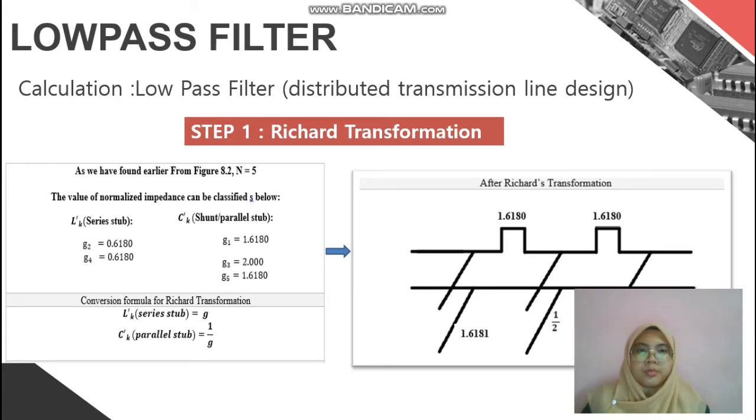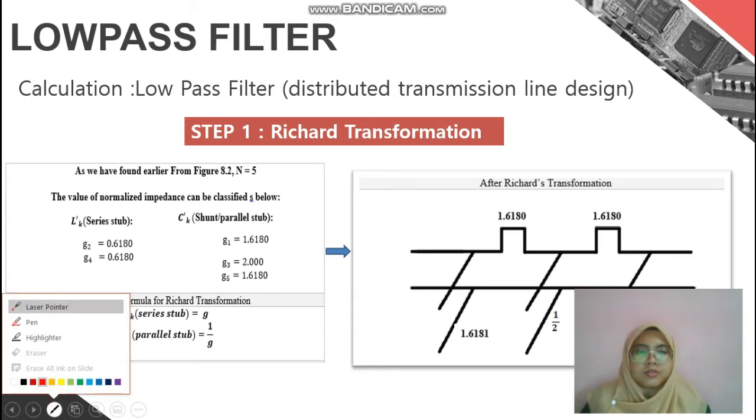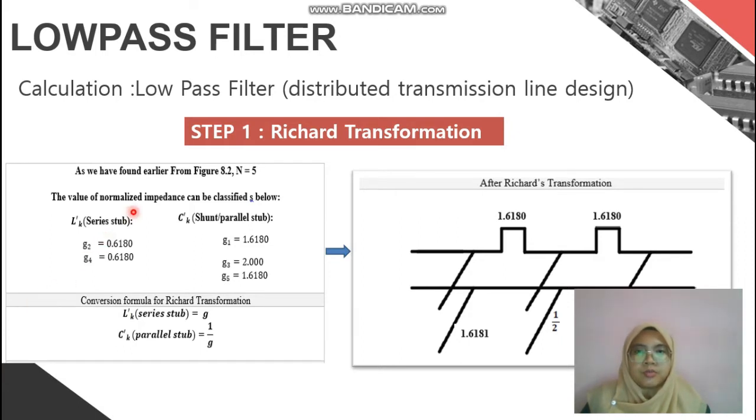Calculation for the low pass filter, distributed transmission line design. The first step is the Richards transformation. When we want to turn it into transmission line elements, L will become a series stub, and I have listed down G2, G4, and the capacitor will become a parallel stub.